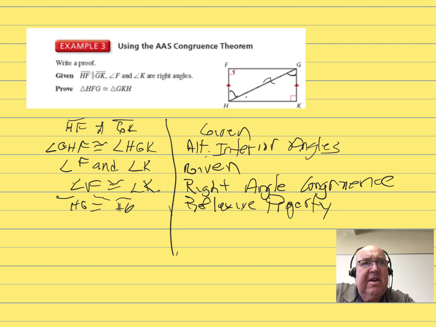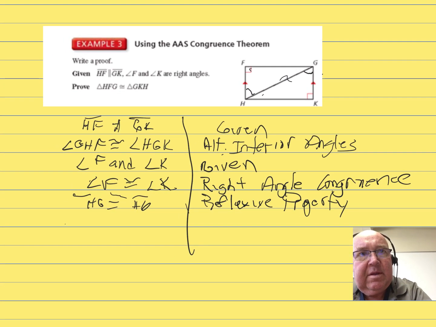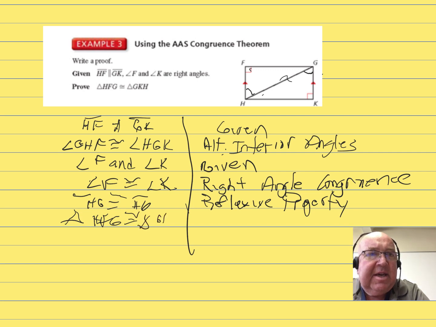So we have angle F, angle H, and HG being congruent, and we have angle K, angle G, and that being congruent. So we can now say that triangle HFG is congruent to triangle GKH, and that's with the angle angle side congruence theorem.